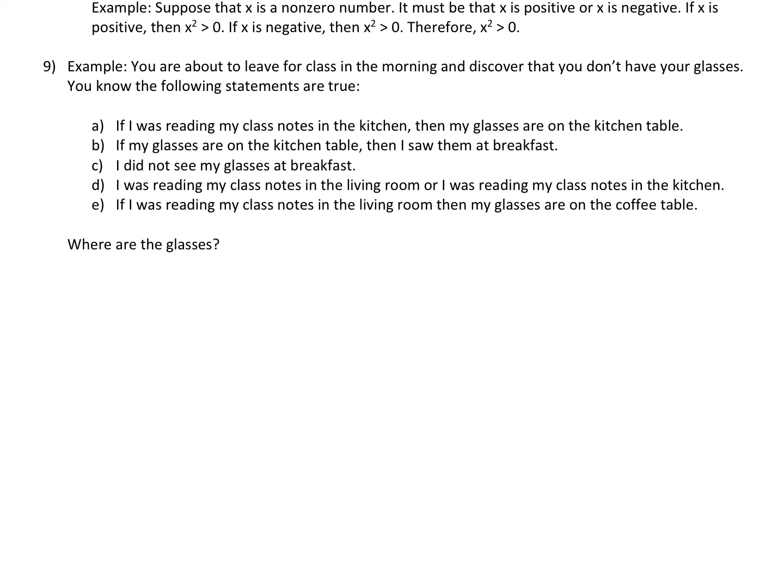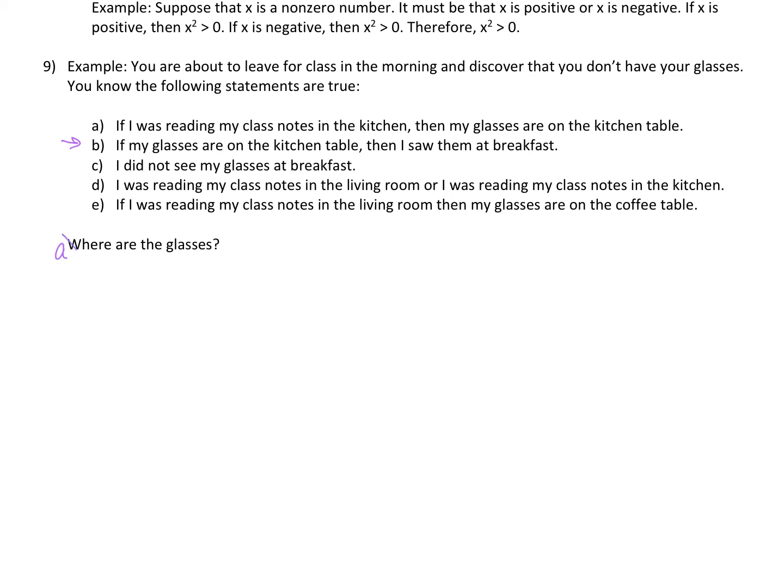If I was reading my class notes in the kitchen, then my glasses are on the kitchen table. If my glasses are on the kitchen table, then I saw them at breakfast. I did not see my glasses at breakfast. So I can immediately do a little bit of backwards work here using the contrapositive.